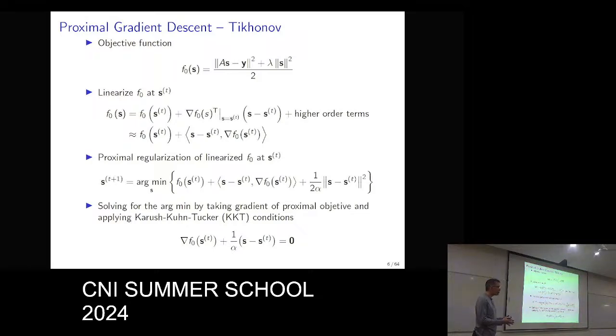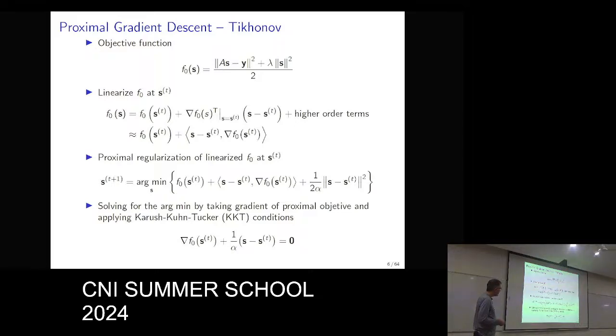But you're just trying to do a localized, proximity search for what you want, and you're looking at the linearized version of your function, with this function being accurate locally, and then you're forcing it to look only in a neighborhood with this quadratic.